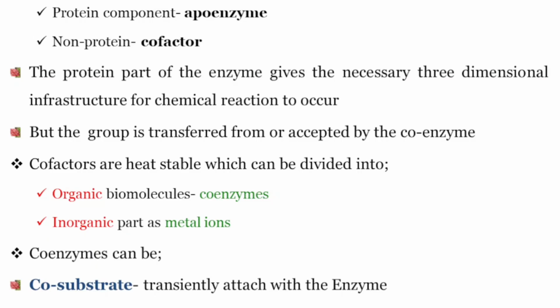I told you the protein component is called apoenzyme, and the non-protein component is called cofactor. Right? Now, to form the holoenzyme, there is a protein component and a non-protein component. The protein component is called the apoenzyme, whereas the non-protein component is called the cofactor.